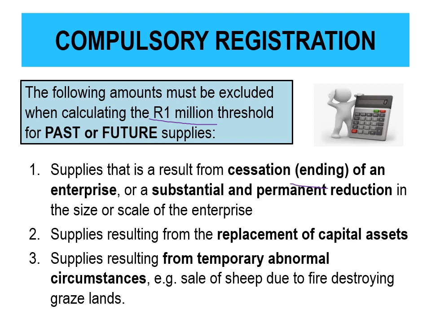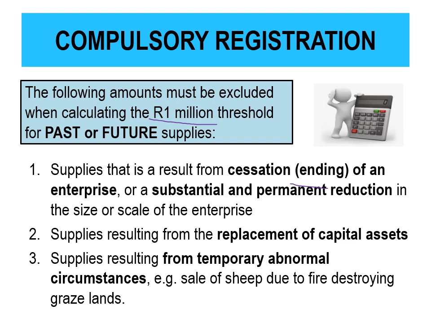In other words, if you are selling off a number of assets because you are ending your business, you might exceed that 1 million rand threshold, but because it is supplies that result from the ending of your enterprise, we are going to ignore them if we do this compulsory registration, the 1 million rand threshold calculation.